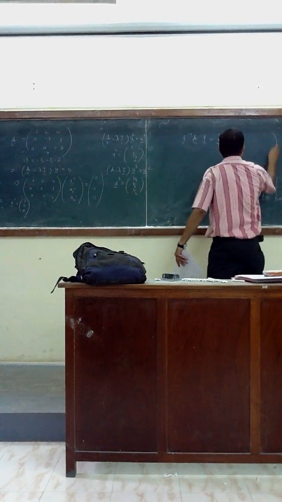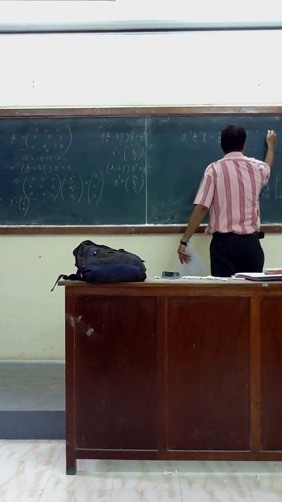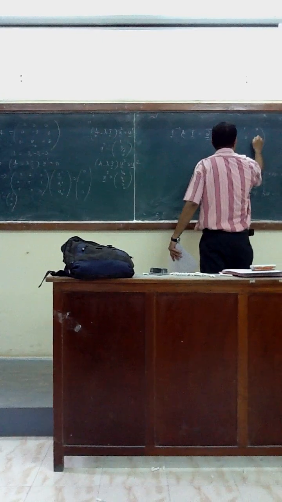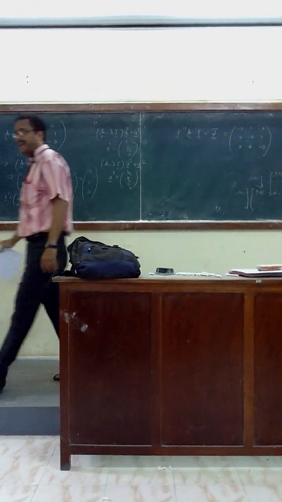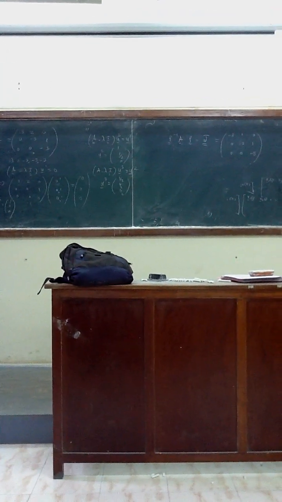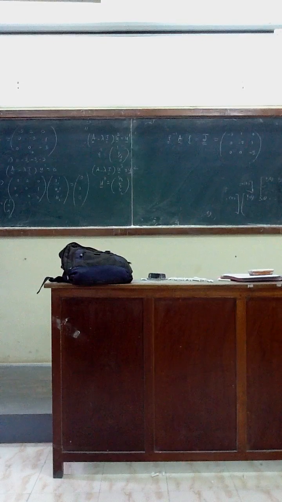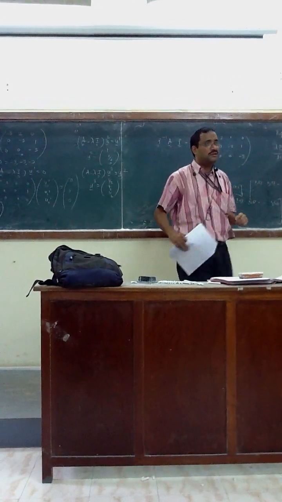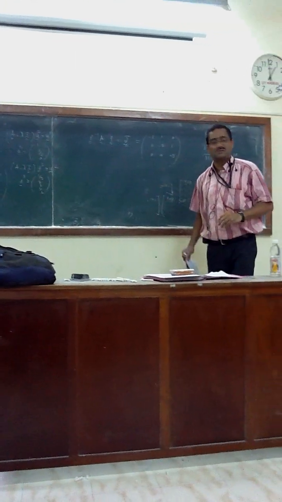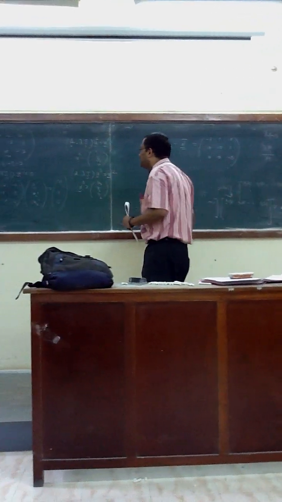Without doing the calculation, you can tell it is [-3 1 0; 0 -3 1; 0 0 -3]. That will be your J, right? P inverse AP equals J. That is the Jordan canonical block.